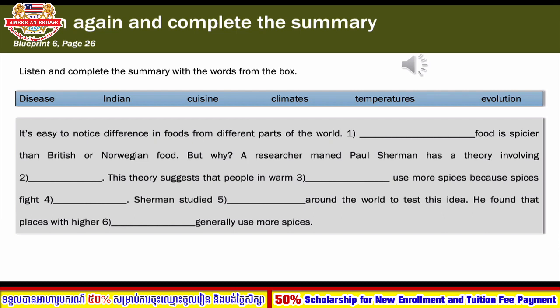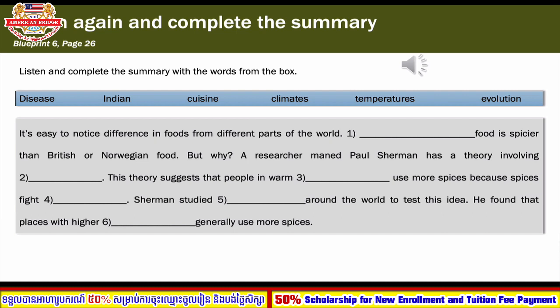And here's the really important part: germs grow faster in warm climates. Over time, most people in warm climates became aware of this fact. They noticed that they weren't getting sick from meat that didn't have spices, and that meat with spices didn't make them sick as often. So they started using more spices to stay healthy.